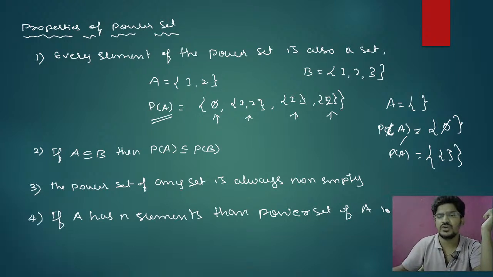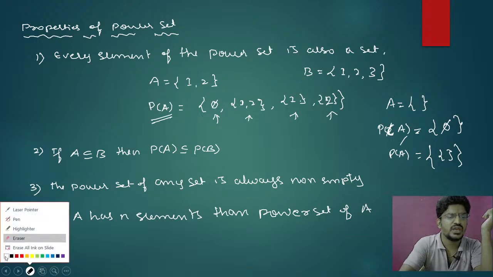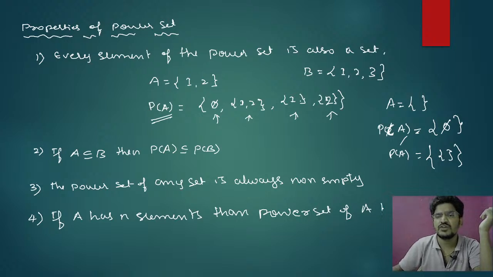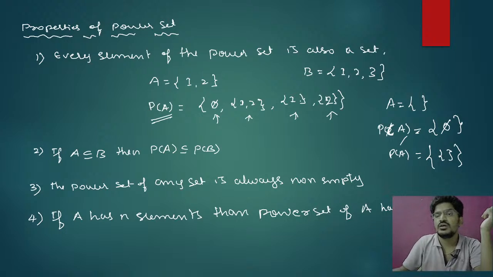That is, if set A has n elements, then the power set of A has 2 to the power of n elements. Clear? This is very important. Power set of A has 2 to the power of n elements. Very important formula. I think all of you know this, no problem.